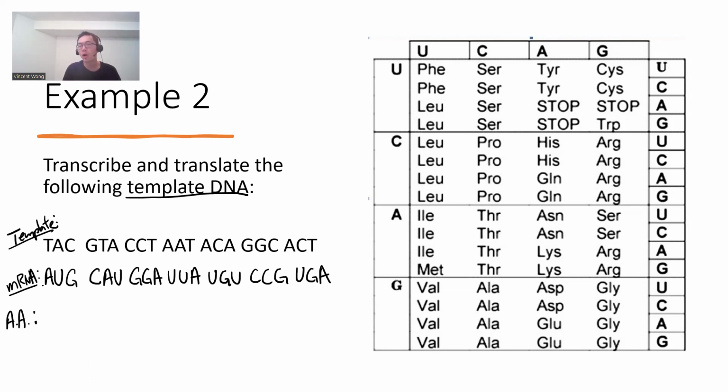Now, here's the thing. You have to be careful on the test. You have to take your time to think about it. Because if your mRNA is wrong, then your amino acid is going to be wrong as well, right? So you have to make sure that when you convert from DNA to RNA, you're actually doing it correctly. In any case, if you look up AUG, it's MET.